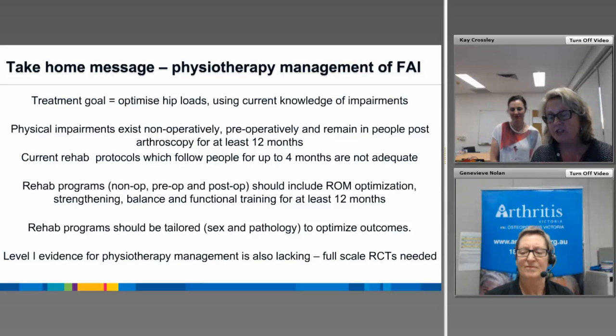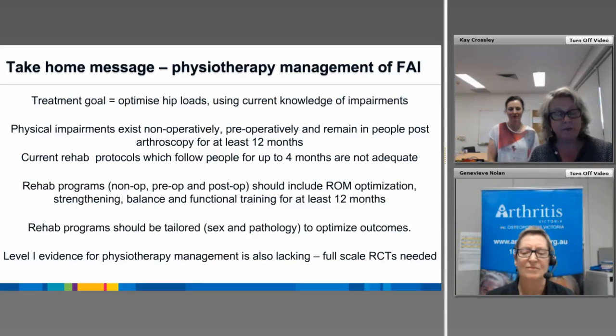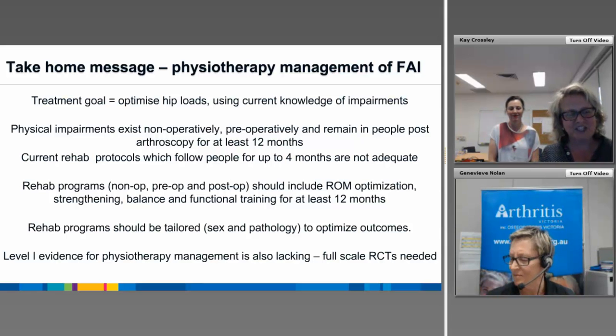We do have students that are involved in research, but there's always room for more people to be involved. I can be contacted easily at La Trobe. I'm fairly easy to find, but I'm sure you can get my email address from Arthritis Victoria if need be. We're always looking for either participants to come into studies or for people to help out. There's a lot of work to be done, so there's a lot of opportunities.